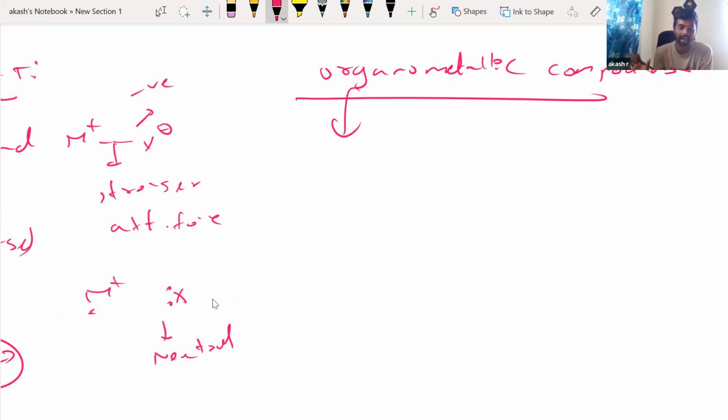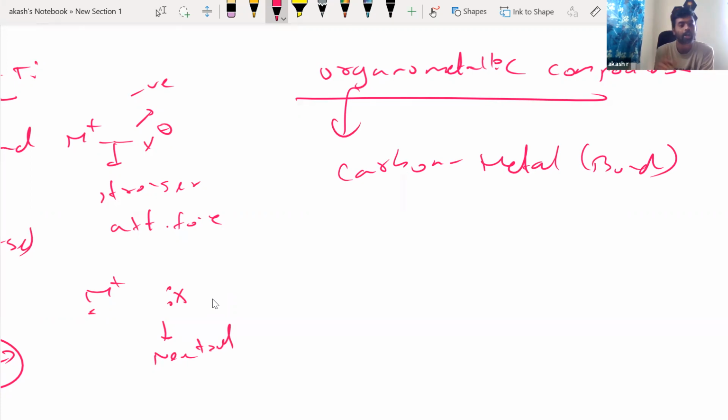Now, in simple words, these are compounds which are having a carbon metal bond. Any compound which is having a carbon metal bond, those kind of complexes or compounds are what are called organometallic complexes. Now think about it and tell me, you already know one organometallic compound from organic chemistry.